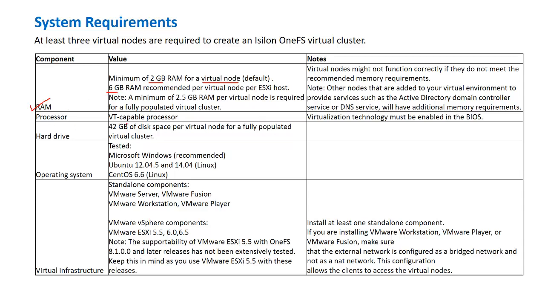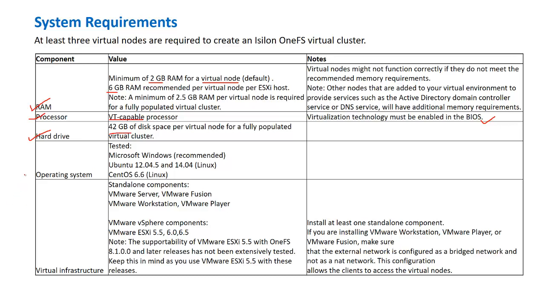And then we should have a VT capable, virtual technology capable processor. If it is not enabled, you can enable it in the BIOS. And then how much hard disk space is required? The recommended capacity is 42 GB.